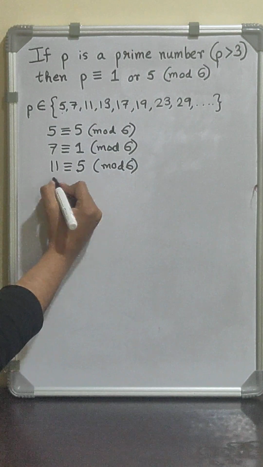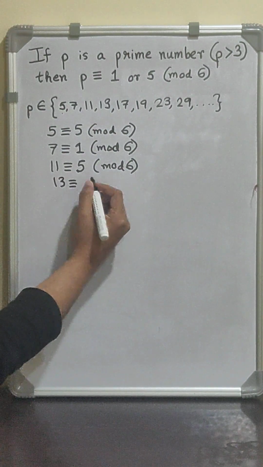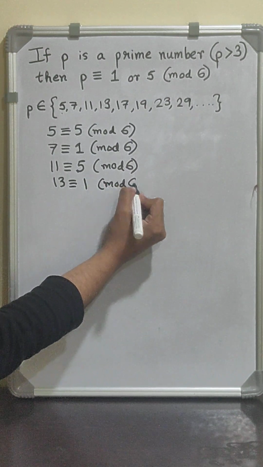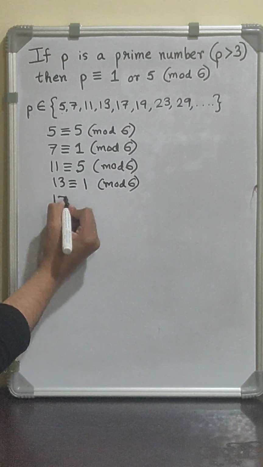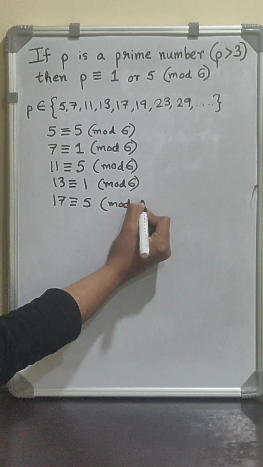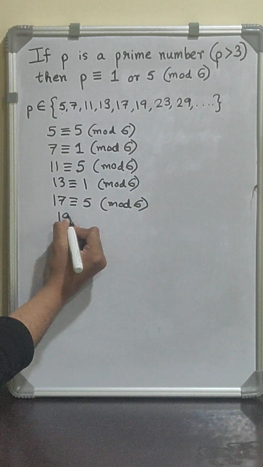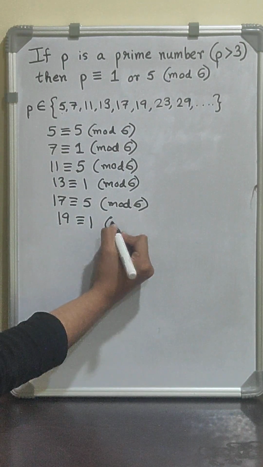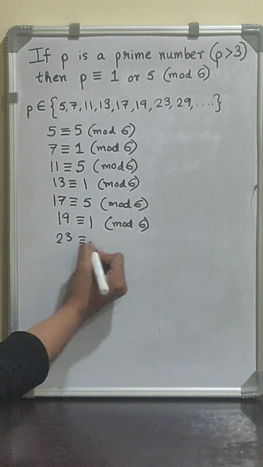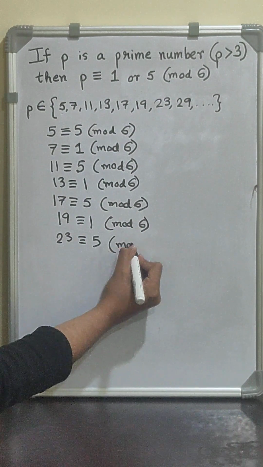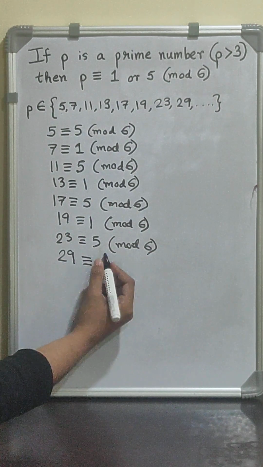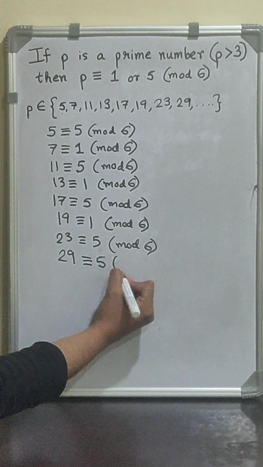So 11 is 5, 13 is a remainder of 1 mod 6. Just gonna write it down for the rest: 17 is a remainder of 5 mod 6, 19 leaves a remainder of 1 mod 6, 23 leaves a remainder of 5 mod 6, and finally 29 is congruent to 5 mod 6.